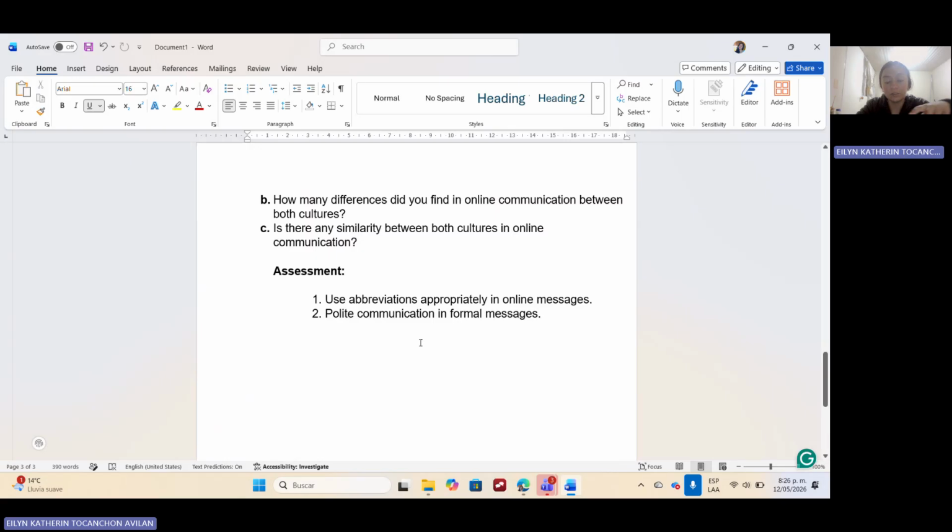This assessment will be observed in the 2 texts they need to write, formal and informal. The idea is that they understand and recognize the impact of culture on language and use the knowledge in real contexts. So this is all for my lesson plan.